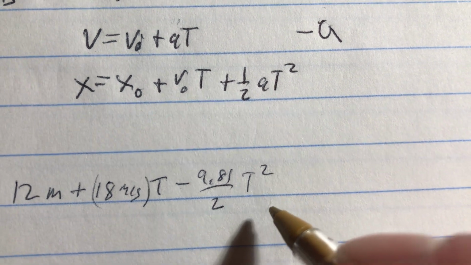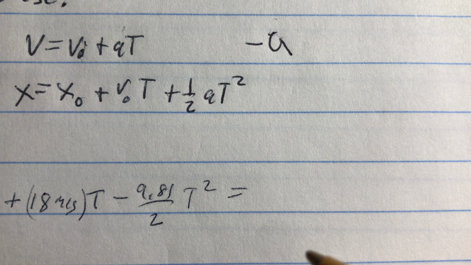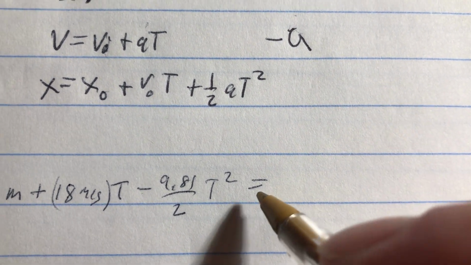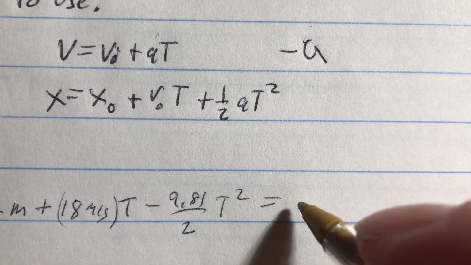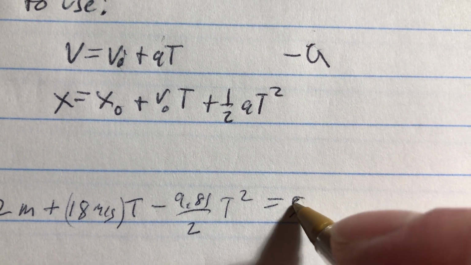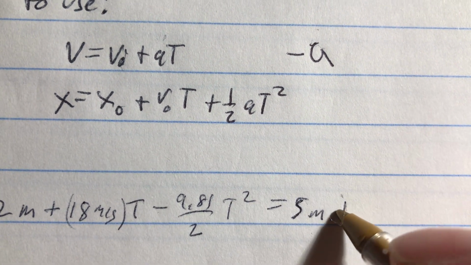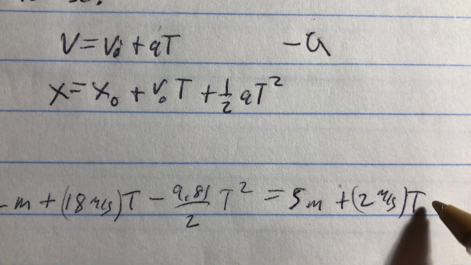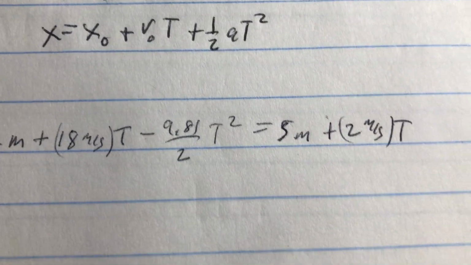Since we're doing the system of equations, this equals the same equation, but for the elevator's position. For position, x naught started at 5 meters, and it's going up at 2 meters per second. We multiply by time. It's at a constant velocity, so the acceleration term goes away. There's no acceleration there.